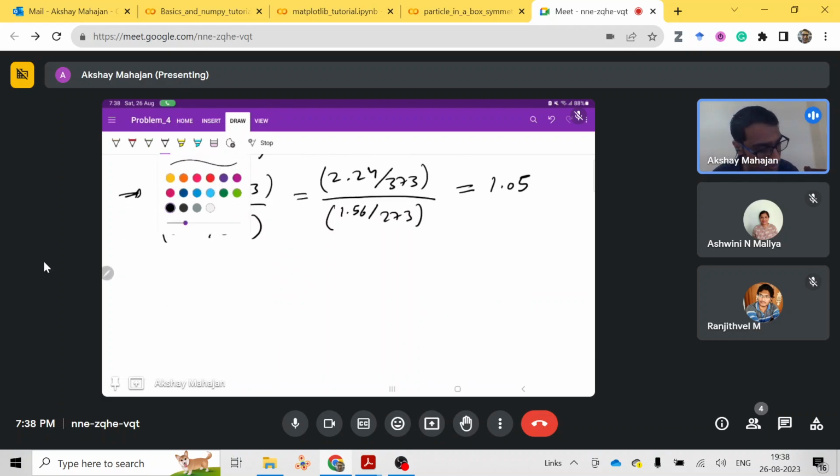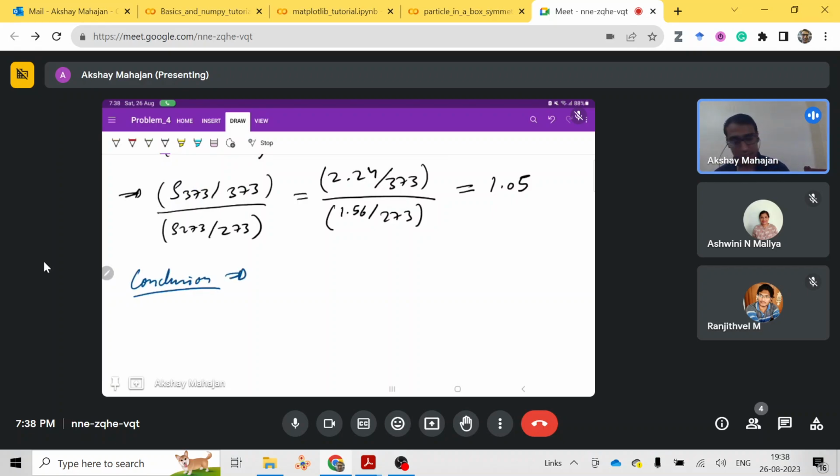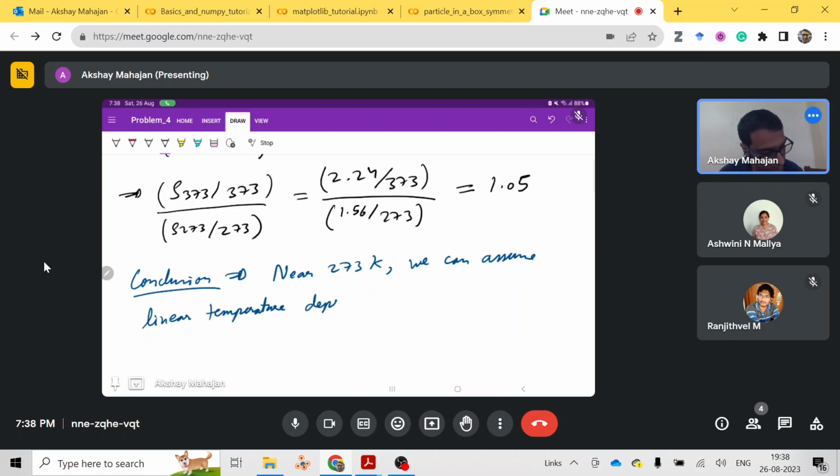Okay, so again we can make a conclusion here that near 273 Kelvin we can assume linear temperature dependence of resistivity.